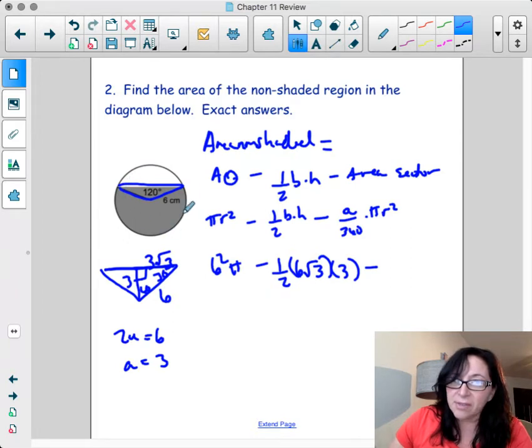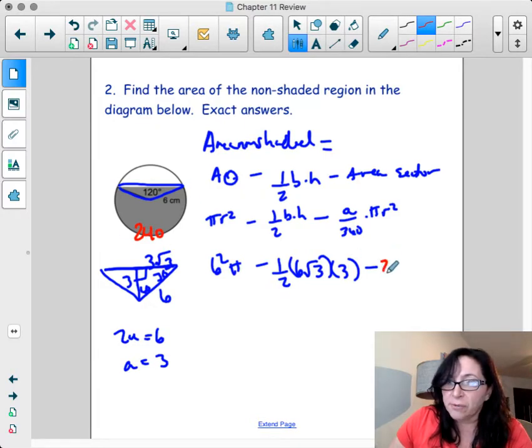So 360 minus 120 is 240 degrees. So this space right here is actually 240. That's 240 degrees over 360 times pi r squared. What's r? r is 6.